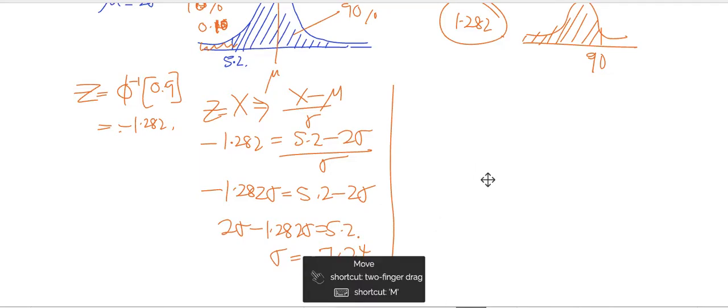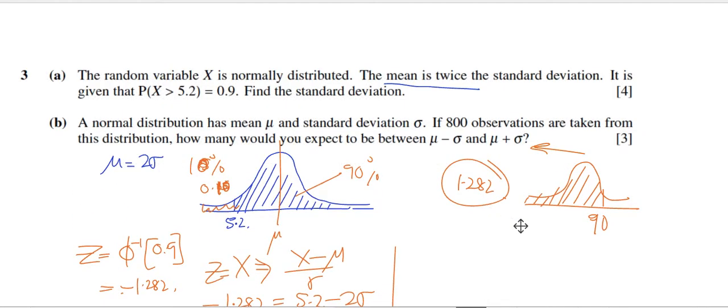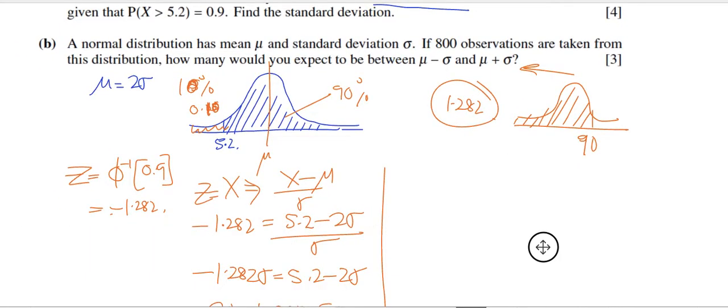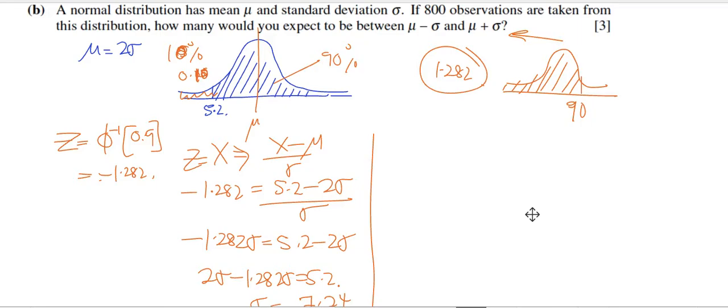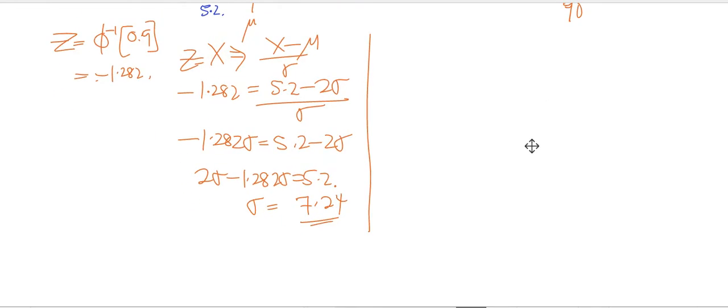For the next part of the question, a normal distribution has mean mu and standard deviation sigma. If 800 observations are taken from this distribution, how many would you expect to be between mu minus standard deviation and mu plus standard deviation?